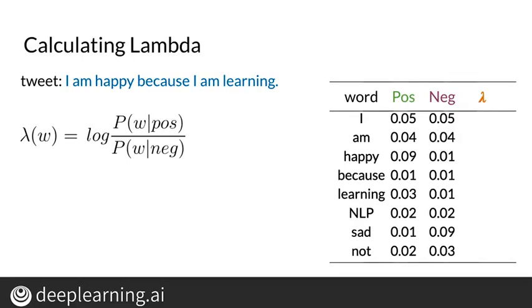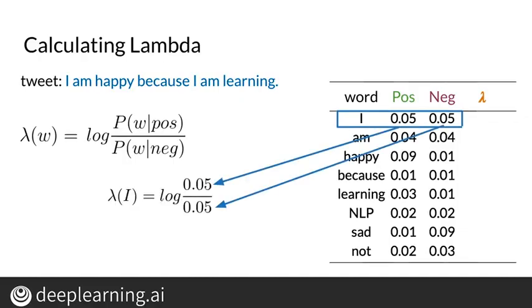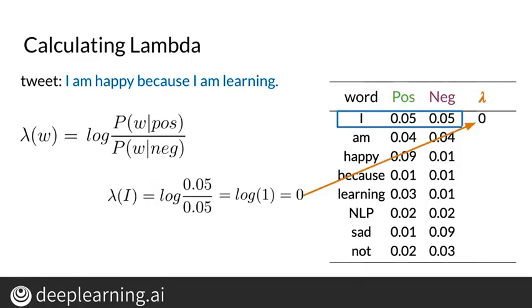Now let's calculate lambda for every word in our vocabulary. So for the word I, you get the logarithm of 0.05 divided by 0.05, or the logarithm of 1, which is equal to 0. Remember, the tweet will be labeled positive if the product is larger than 1. By this logic, I would be classified as neutral at 0.